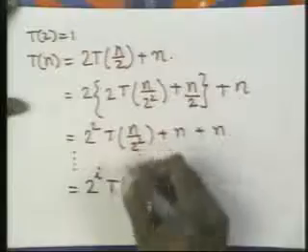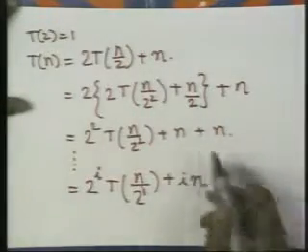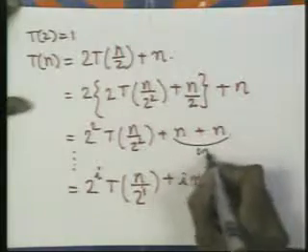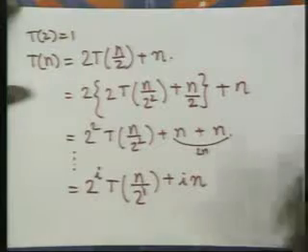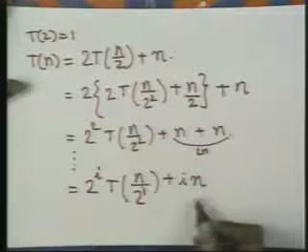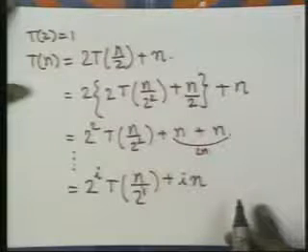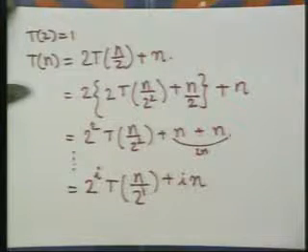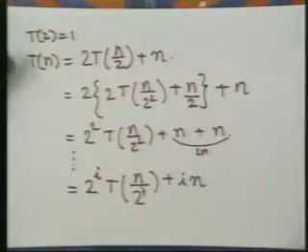Here I have 2 times n. If I do it once more, I get 3 times n. The next step you get 4 times n. So you sort of guess that this is what is going to be after i steps. Once you have guessed this, you can check that T(n) is in fact equal to this by induction on i. Okay, that I'll let you do.